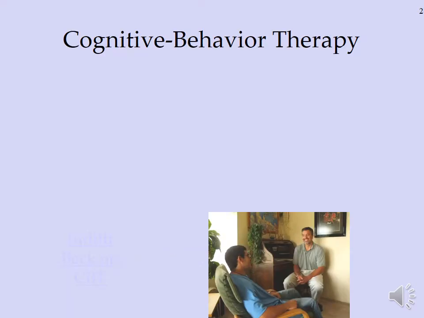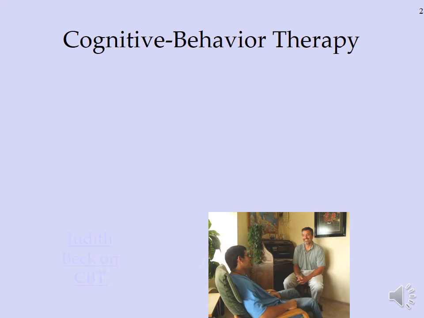So next, let's consider cognitive behavior therapy, which sounds like just a combination of cognitive and behavior therapy, and it sort of is, although we would say it's an integrated therapy. In other words, we make an effort to blend these two things together in such a way that it's most effective.